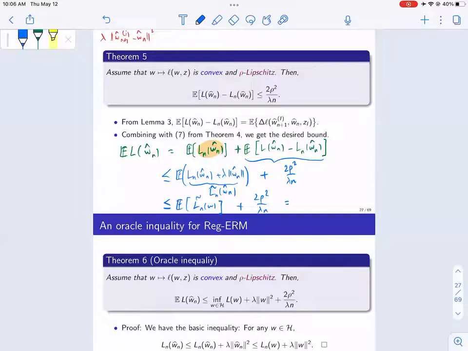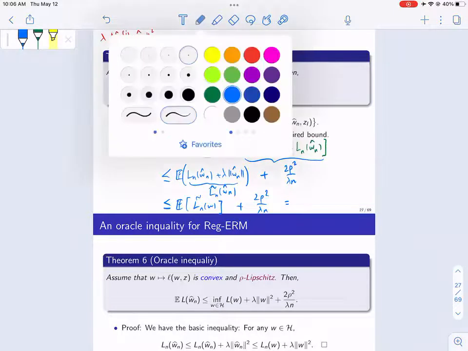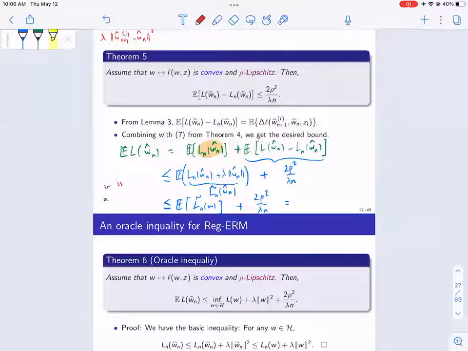And then we have L_n w plus the norm term. Because w is fixed, it is a deterministic quantity. What would be the expectation? Can you simplify this? Yeah, basically it goes away.